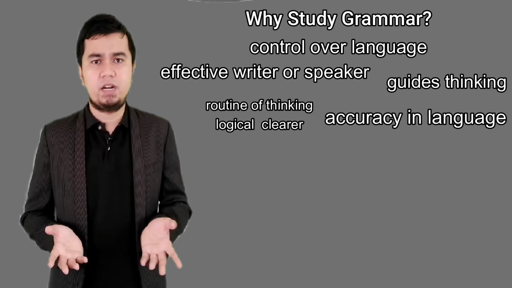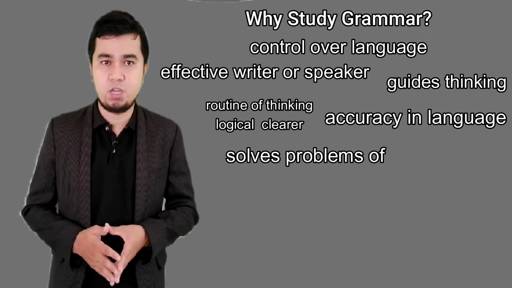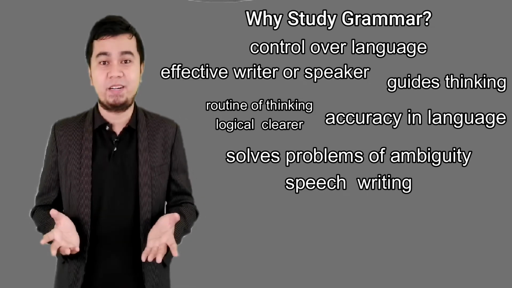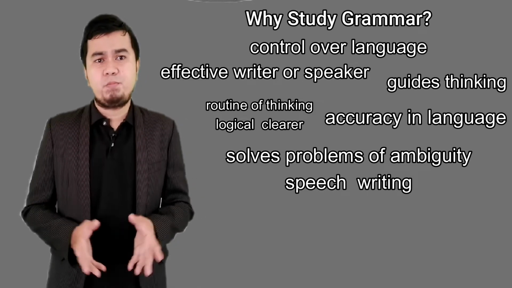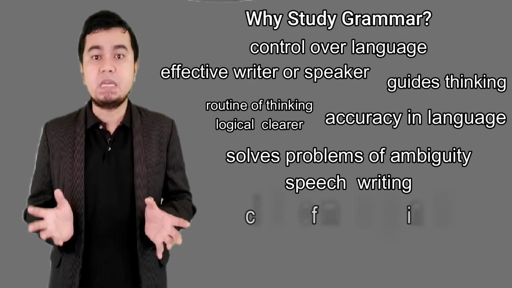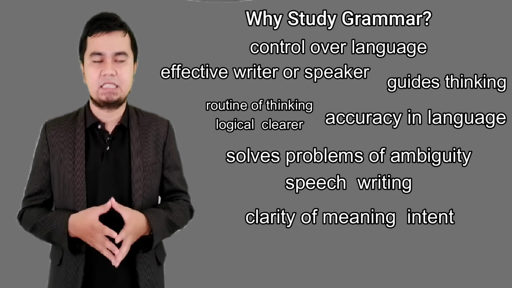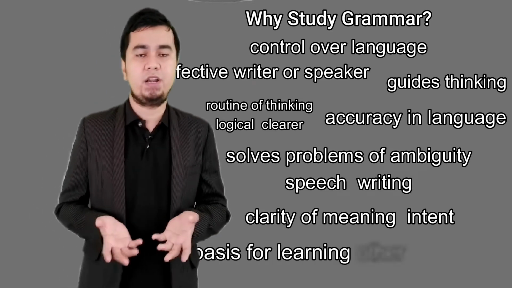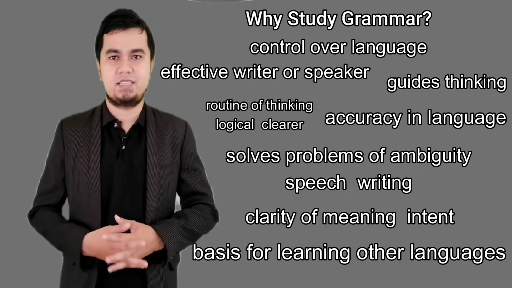Also, we study grammar to solve problems of ambiguity in speech or writing. Also, grammar is essential in every aspect of life for clarity of meaning and intent. And lastly, grammar provides a basis for learning other languages.